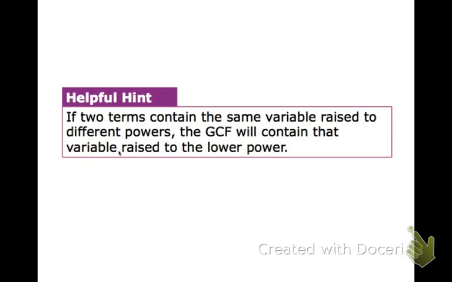If 2 terms contain the same variable raised to different powers, the GCF will contain that variable raised to the lower power. So, for example, in our first example, what did we have 2 examples back? 15x to the third, 9x squared were the 2 monomials that we had. What was the degree of the x in my GCF?